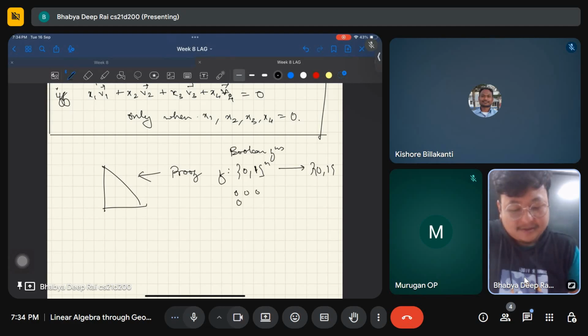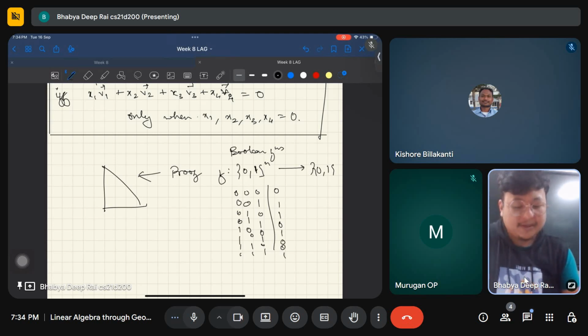Well, you can make a truth table. Suppose it's the XOR function, then it outputs 1 only if there is an odd number of ones. I can study it like this; the XOR will have a truth table like this.